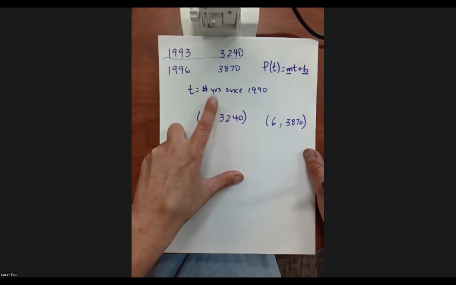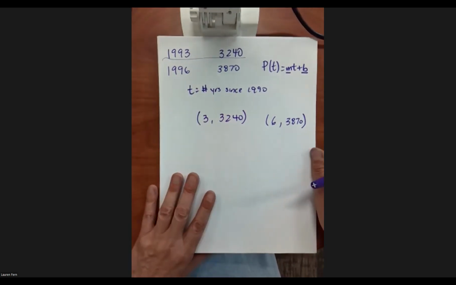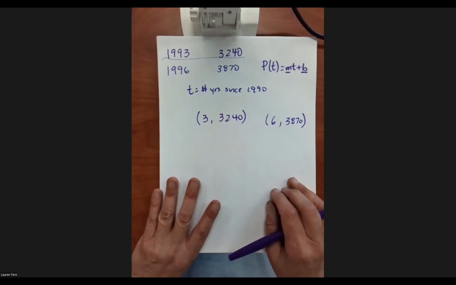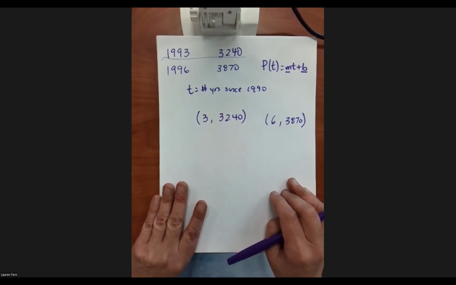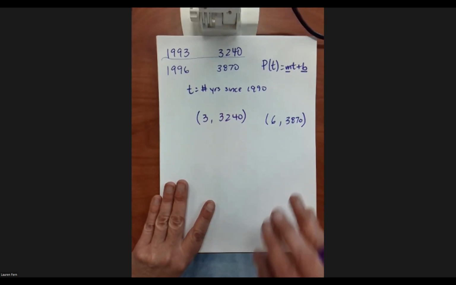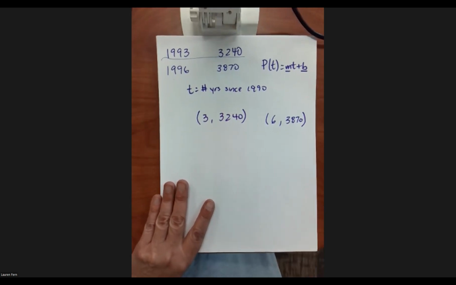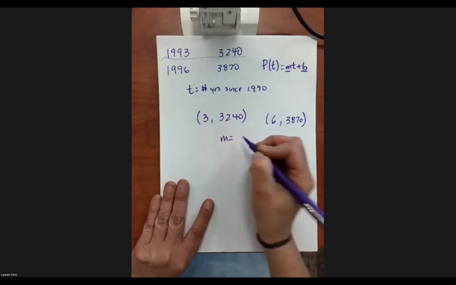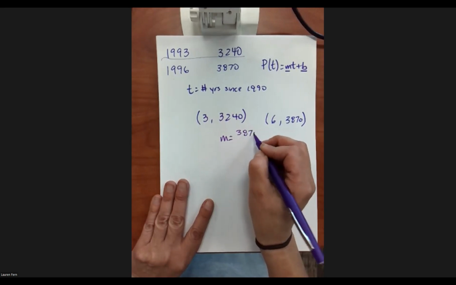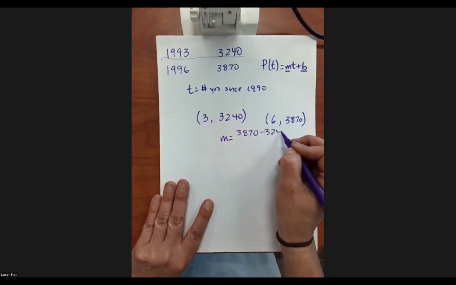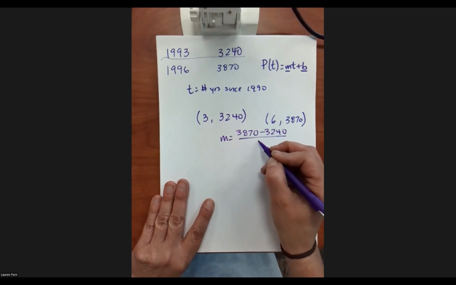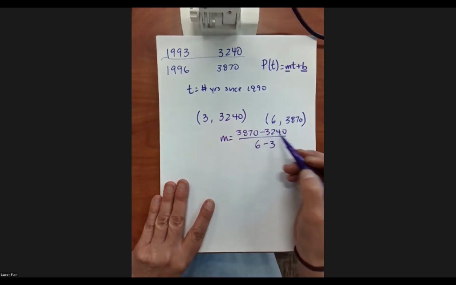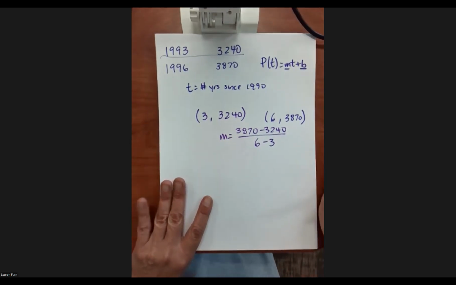How T is defined is very crucial. Okay. All right. Do you want me to take it to completion? Okay. What's my first job? Find the slope. My slope is the change in Y values over the change in X values, even though they're P values and T values.